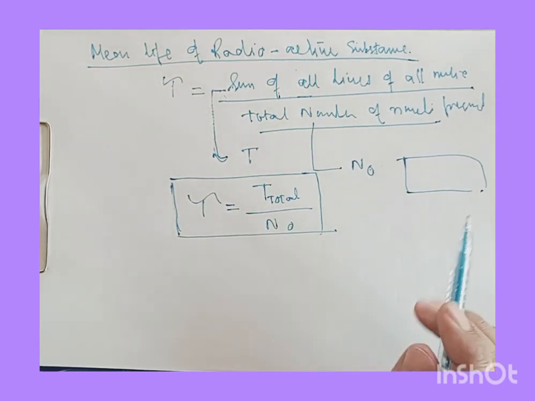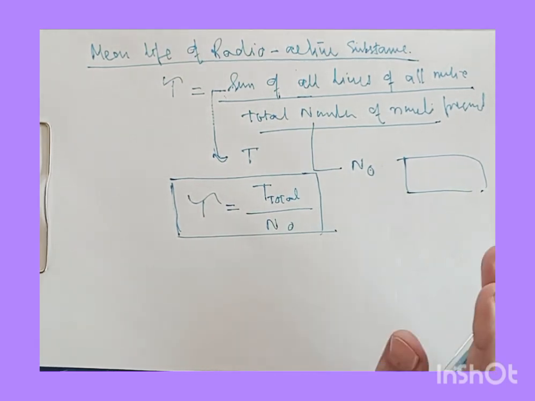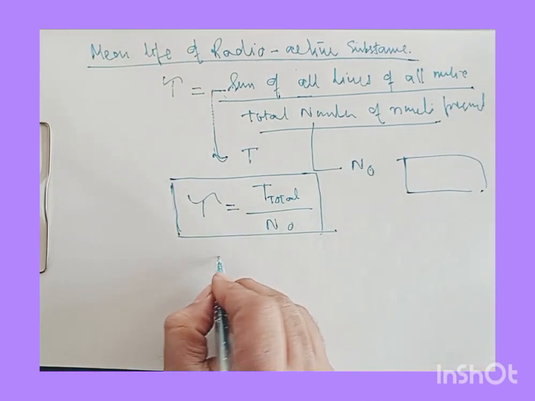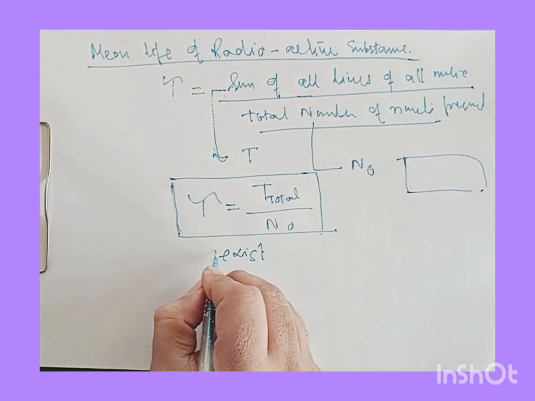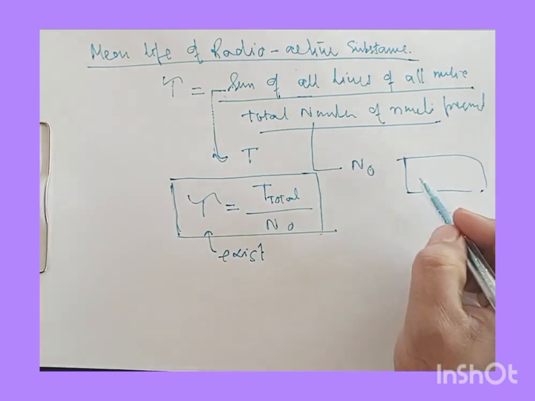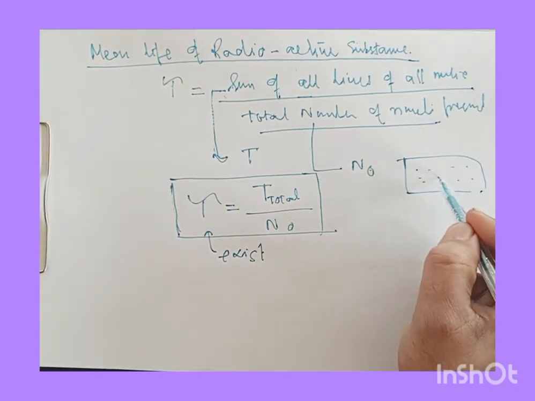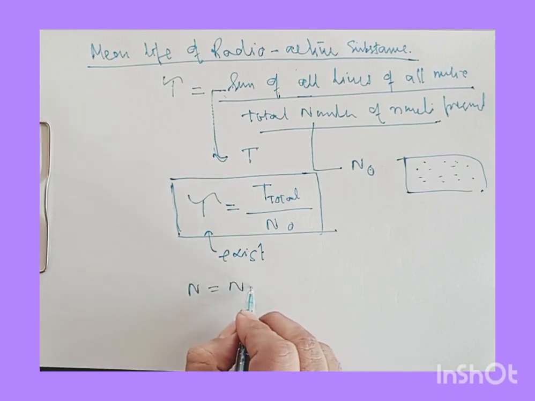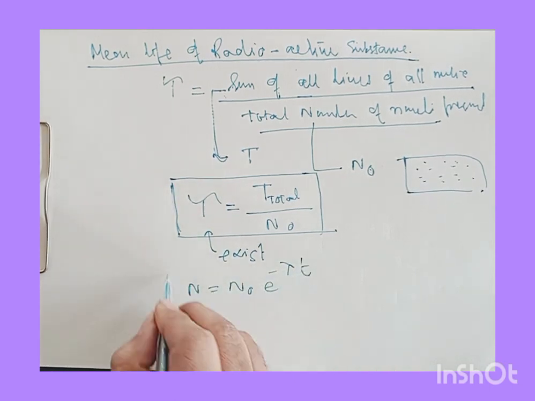So this mean life measures the average time for which a radioactive sample can exist. To get the expression for this mean life, we will assume the same equation, where N equals N0 e to the power of minus lambda t.